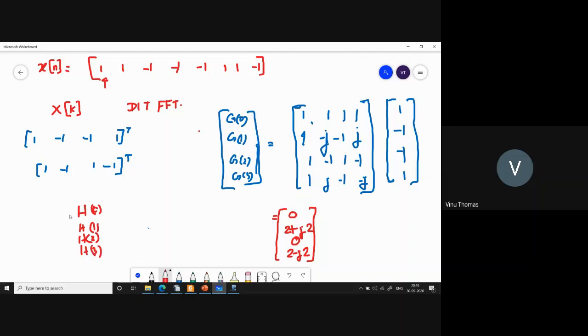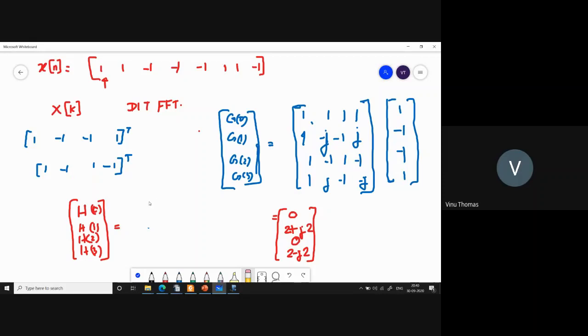Find these values, and you have to tell me what the values are. Can you tell me what the values are? H of 0 equals 0.